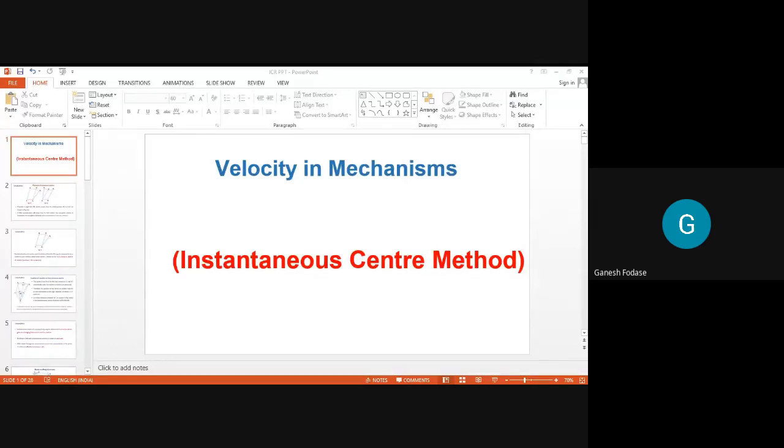Can anyone tell me what this method is? What is the ICR method? What do you know about the ICR method? Anyone?